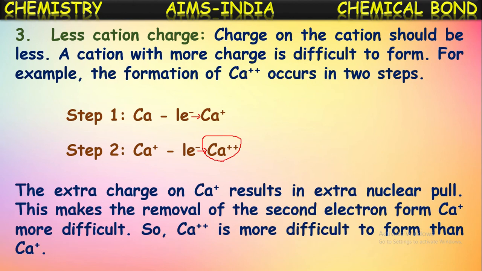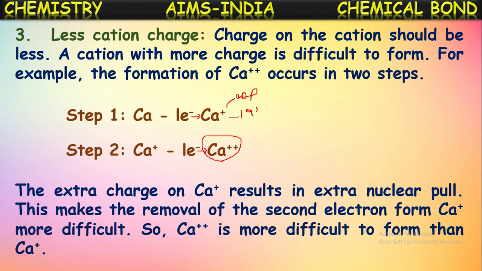The extra charge on Ca+ results in extra nuclear pull. This makes the removal of the second electron from Ca+ more difficult. What happens? First, calcium loses one electron and forms the Ca+ ion. By this, the nuclear charge is greater than the electron charge. It has 20 protons, but the number of electrons is 19 only.